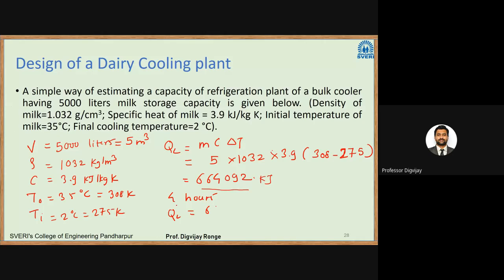So 664.92 divided by 4 into, let us say, 3600. So I have to convert hours into seconds. So this will give me the answer in kilowatt.